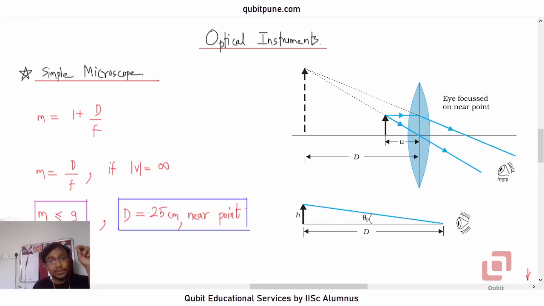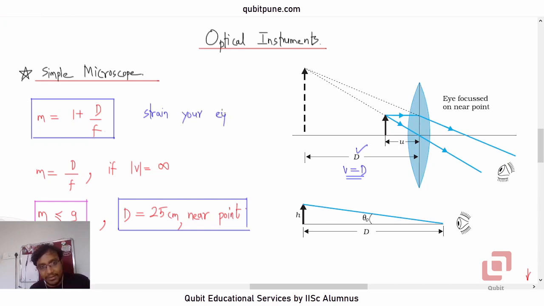So if you form your image at this particular distance, so if v is equal to d, then you get the magnification which is given by 1 plus d upon f, where d is 25 centimeters. But the problem with this is you are still required to strain your eyes.